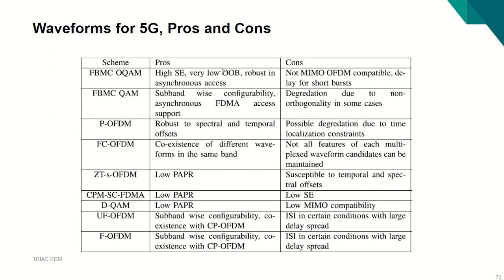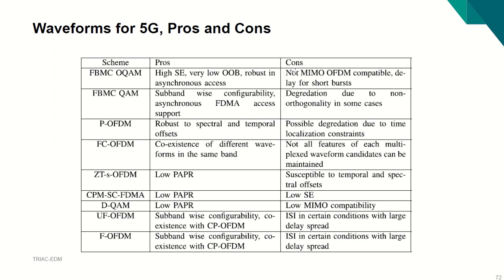So if it has low out of band, then we will consider that to be an advantage. We like things to have low OOB, and it's also robust in asynchronous access.